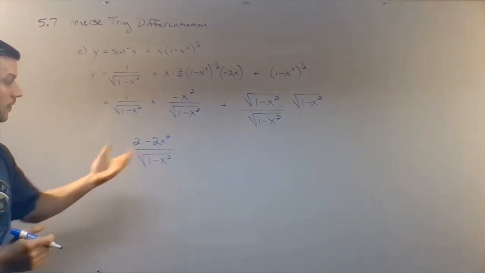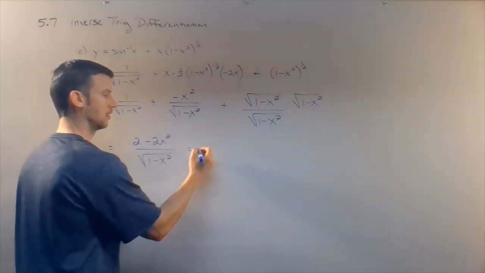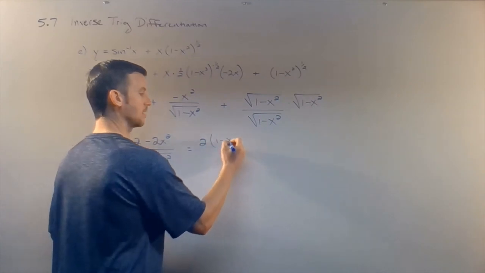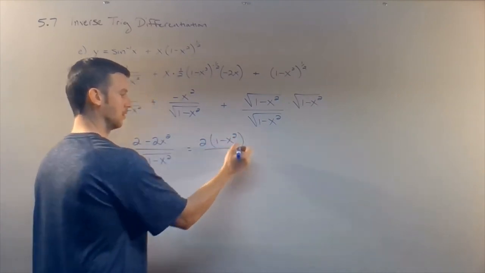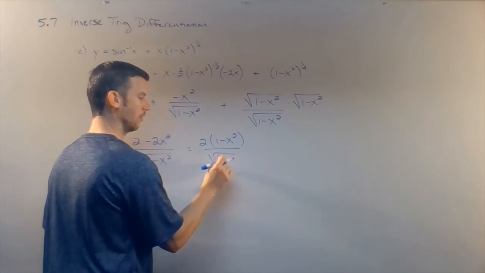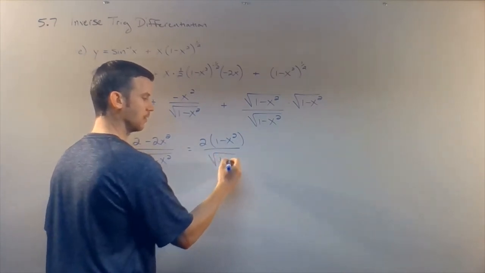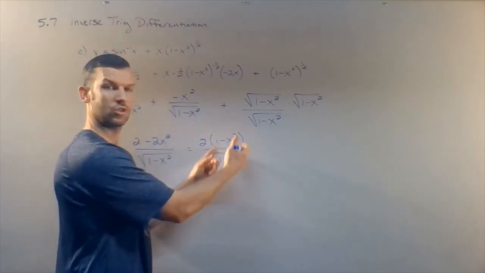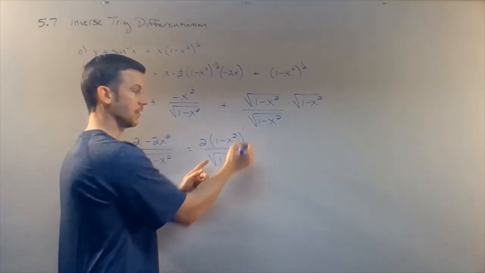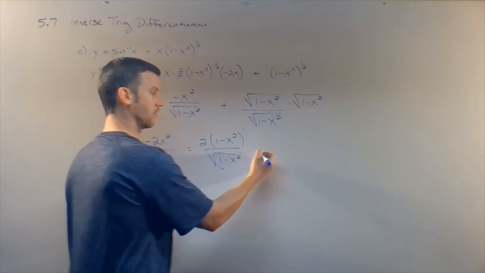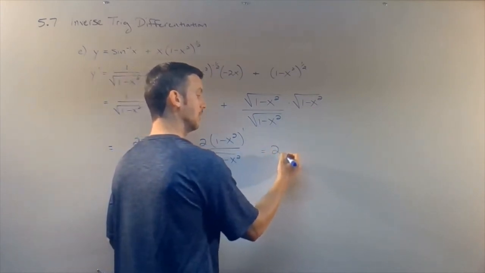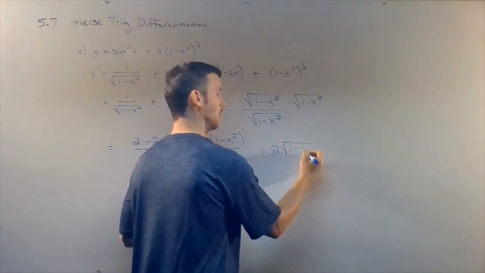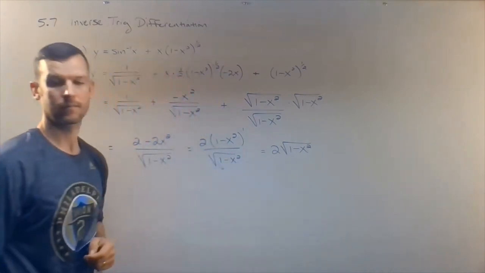Okay? I can take a 2 out here. I get 1 minus x squared over the square root of 1 minus x squared. Okay, that's really 1 minus x squared to the 1/2, which, since we have the same base, that's a 1, that's a 1/2. We can reduce that even further. It becomes 2 times the square root of 1 minus x squared.